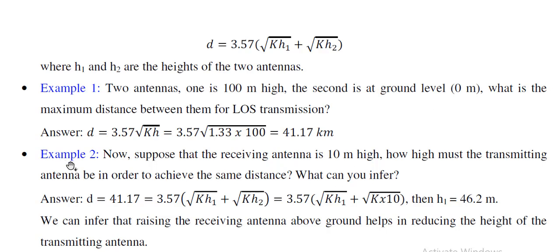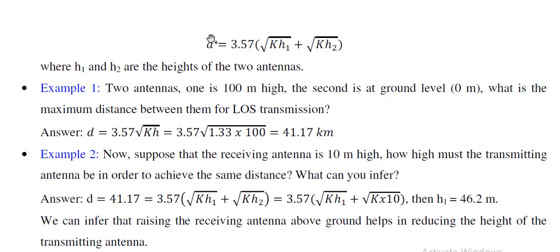Now for the second example, suppose that the receiving antenna is raised to 10 meters high. Shall we keep the first one at the same height, or can we lower it? How high must the transmitting antenna be in order to achieve the same distance? So we apply the second formula, which means that D is equal to 3.57 square root of kh1 plus square root of kh2.